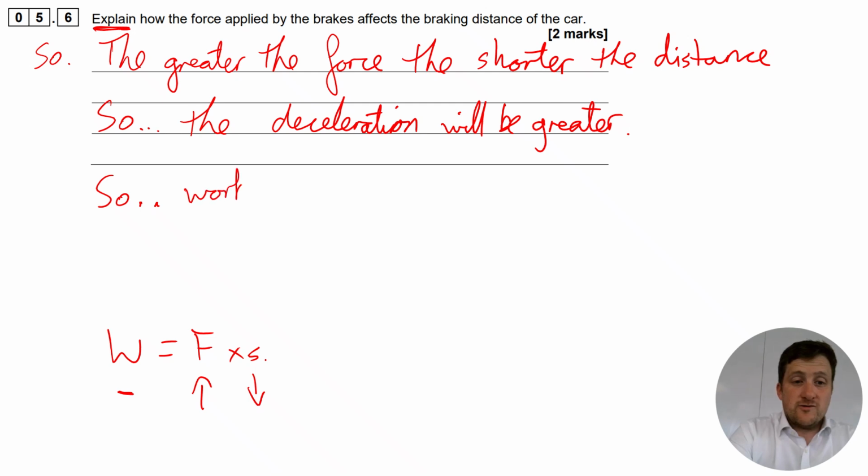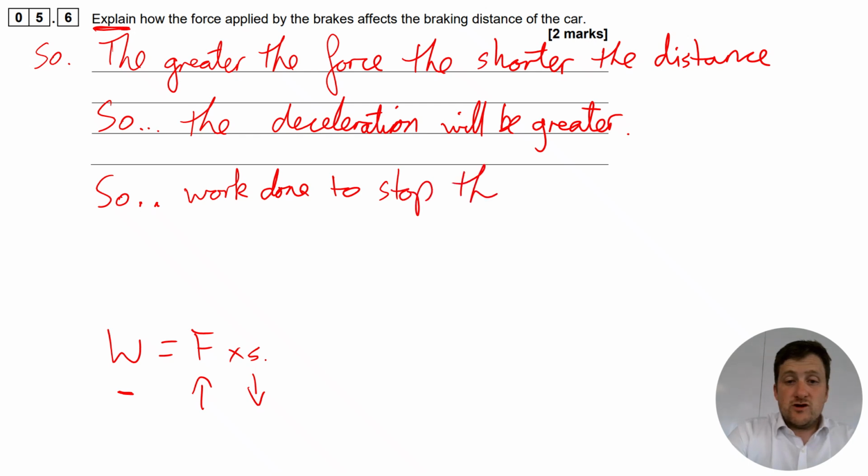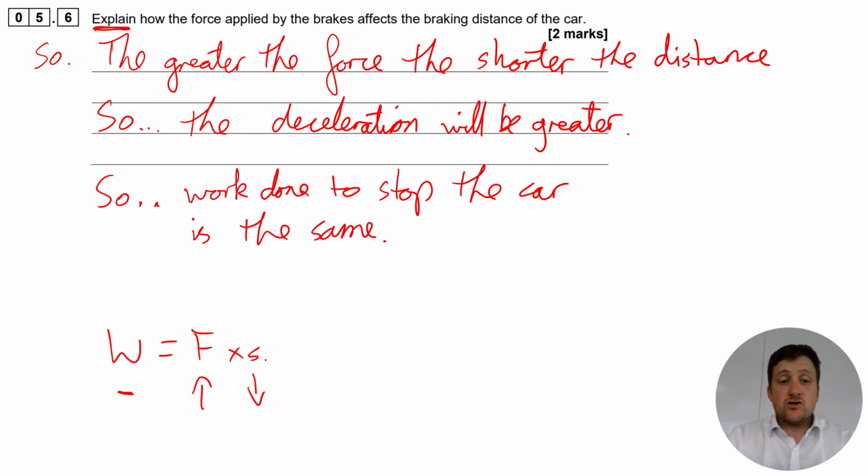So work done to stop the car is the same. And that's important, because it's only if one increases and one decreases by the same quantity that W is going to be the same. The work done will always be the same number.